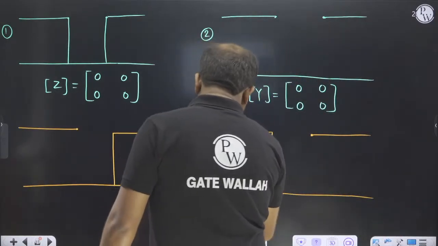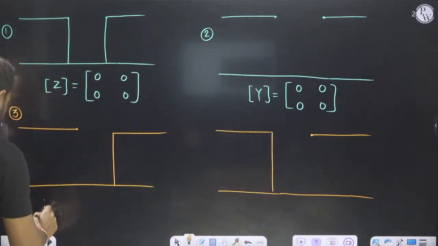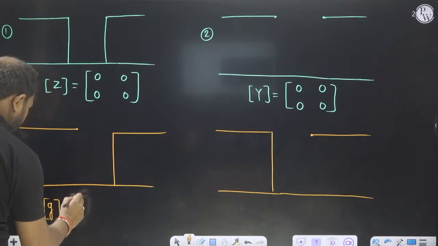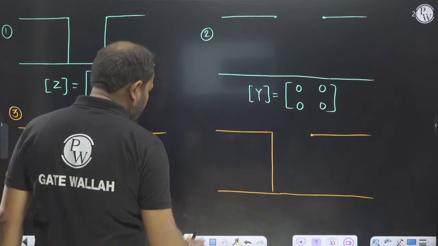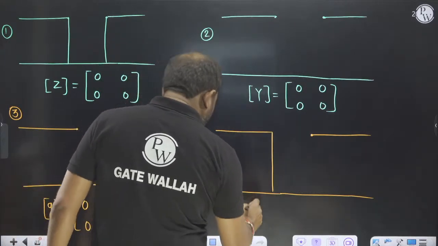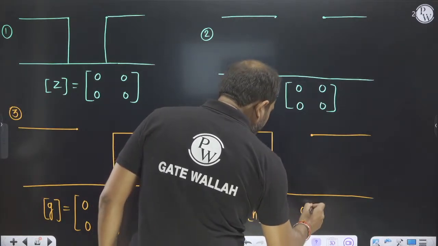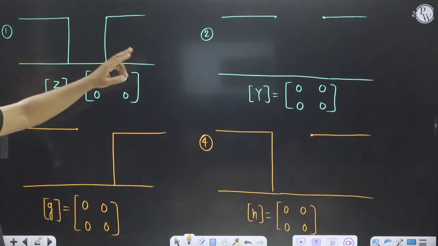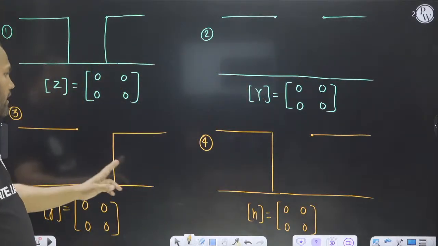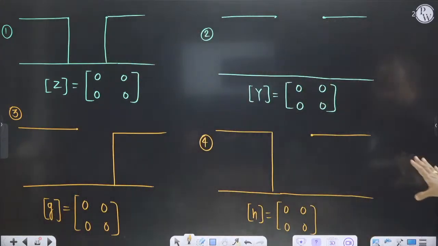So the third one is parallel series, G parameter. And this one is series parallel, so for series parallel, H parameter. So like that you will understand the things, and these are the points which will be over.